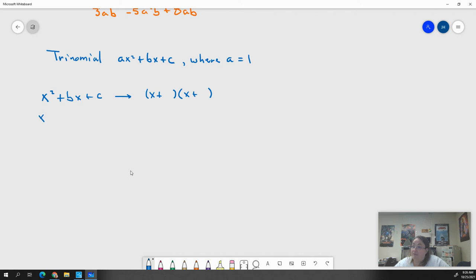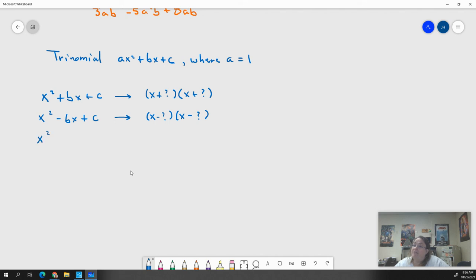If I have x squared minus bx plus c, I am going to wind up with factors that look like x minus something times x minus something else, right? I'm going to just put question marks in here because we don't know what the factors are yet. I just know that they'll both be negative factors here, and here I know that they'll both be positive factors.